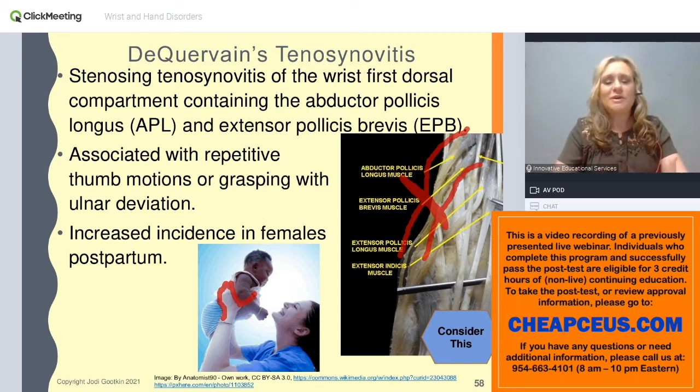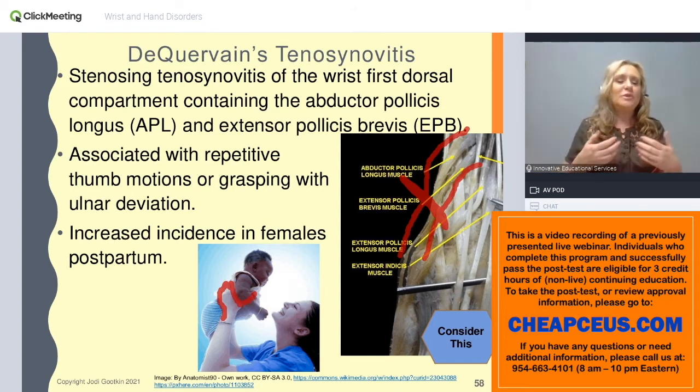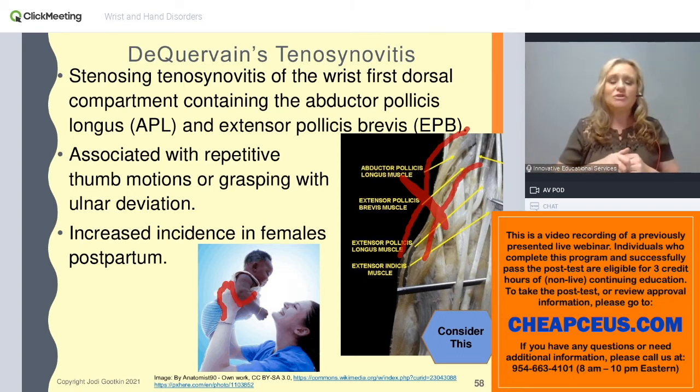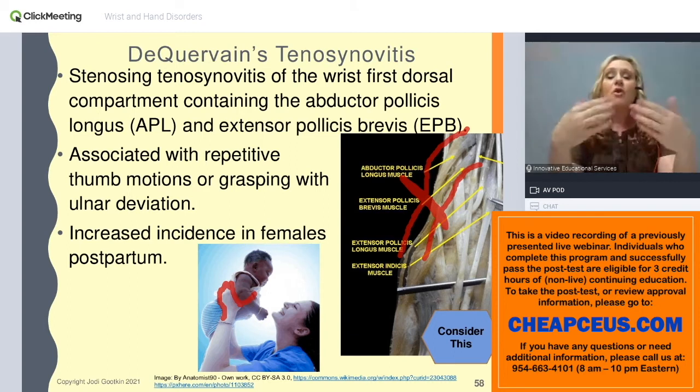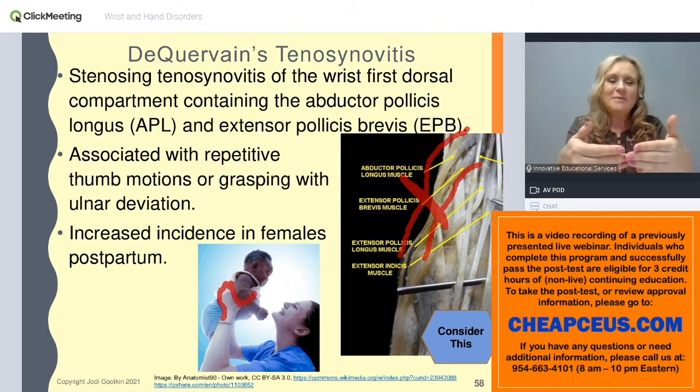Some treatment interventions in terms of activity modification would be using more tummy time, use electric openers instead of the excessive twisting and motions, look at the position of feeding for the baby to avoid this. When you think of de Quervain's tenosynovitis in terms of excessive movements of the thumb, originally when video games first came out, it was called gamer's thumb.